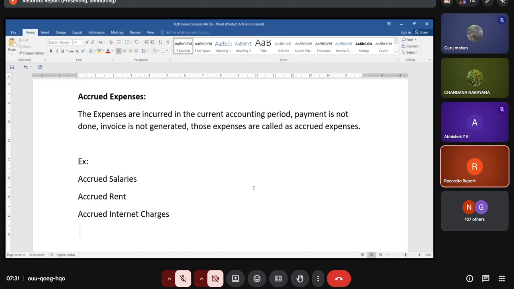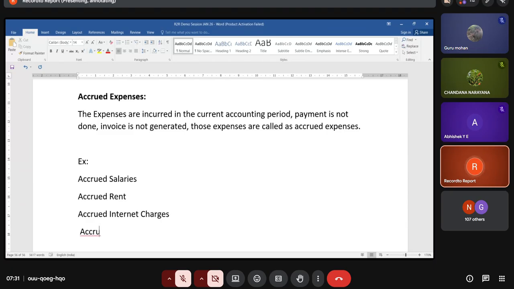No. So what companies do is every month the HR will send the data to the R2R team: how many employees there are, and what bonus we are going to pay for this particular month. The consolidated 3 months' bonus will be paid in one shot. But every month we need to record the transaction. That is called accrued PLI.